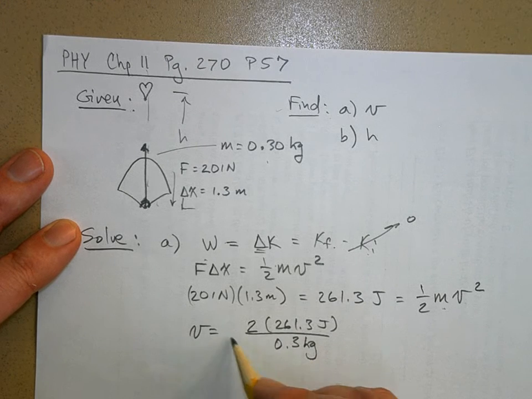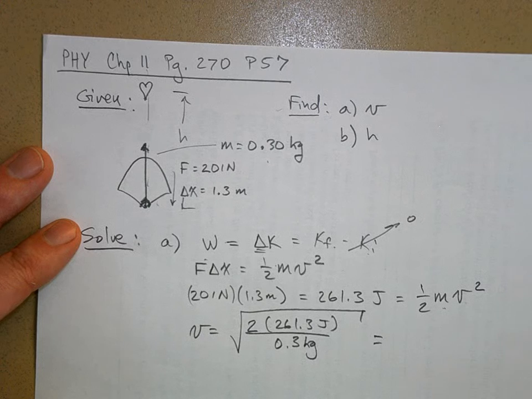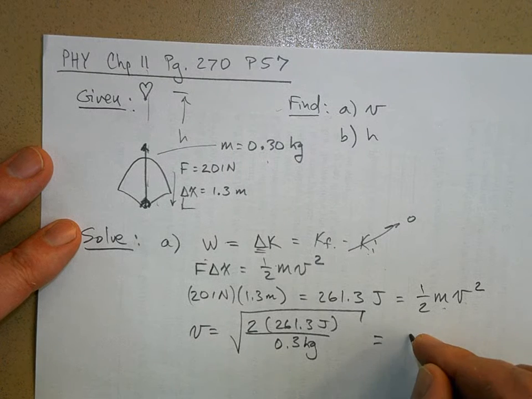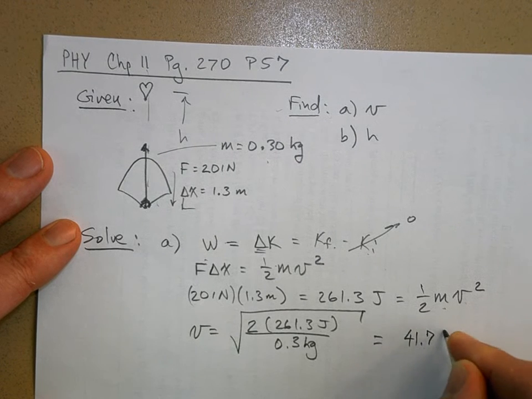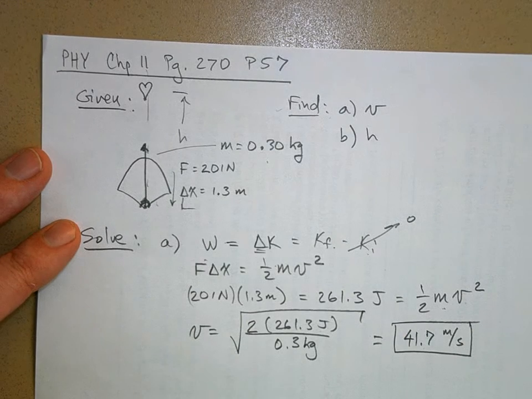It was 0.3, wasn't it? Yeah. And then I gotta take the square root. And you get 41.7 meters per second. Or you could round it to 42, probably be better.